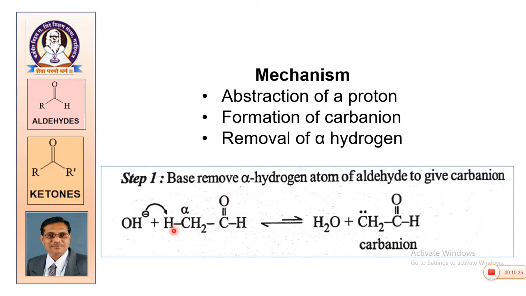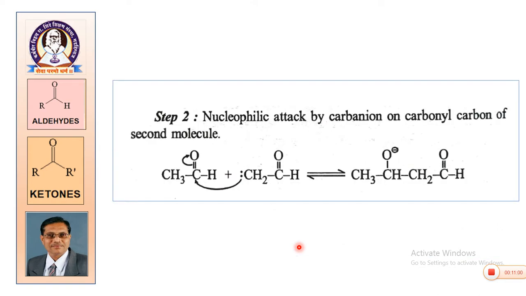This alpha hydrogen is removed by the OH group, so the step is called abstraction of a proton or removal of hydrogen. Due to this removal, we get a carbanion, which has a negative charge on the carbon.